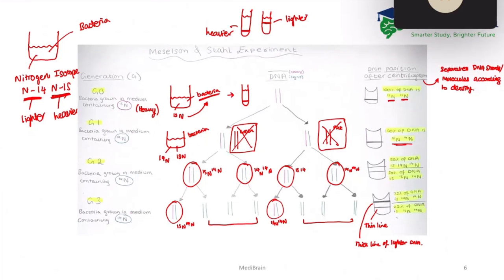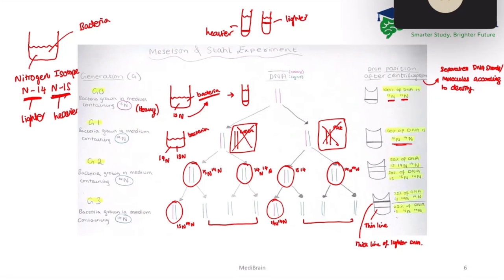But it's not conservative, it's semi-conservative, and that's shown by the heavy nitrogen strands of DNA having separated, and then each of them being paired with whatever isotope of nitrogen they've grown in the second generation.